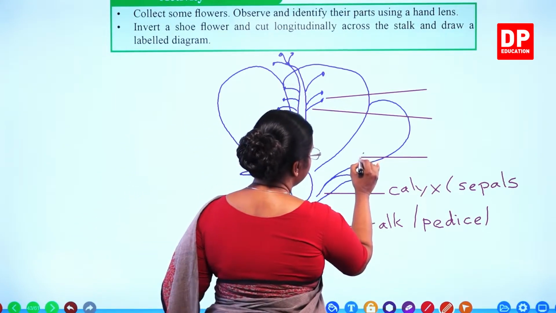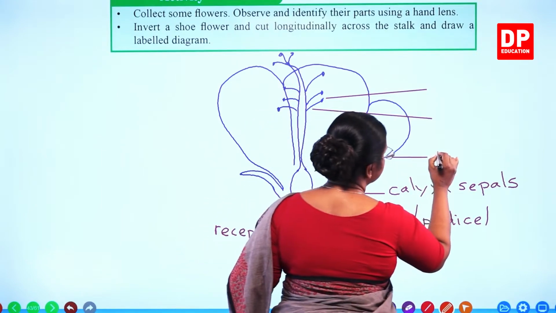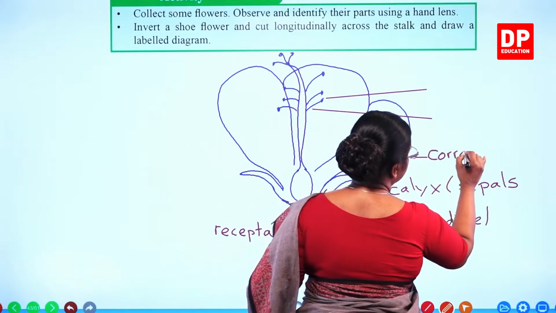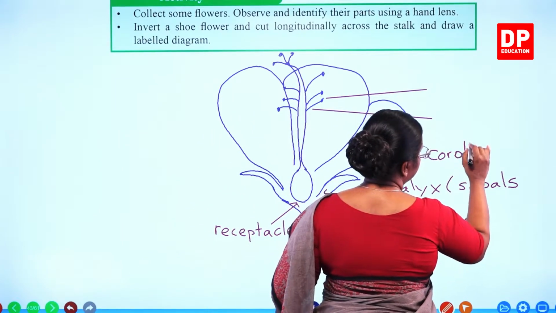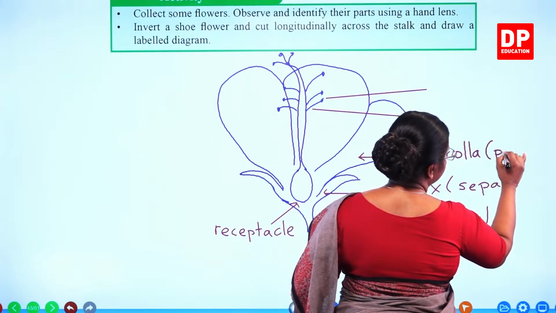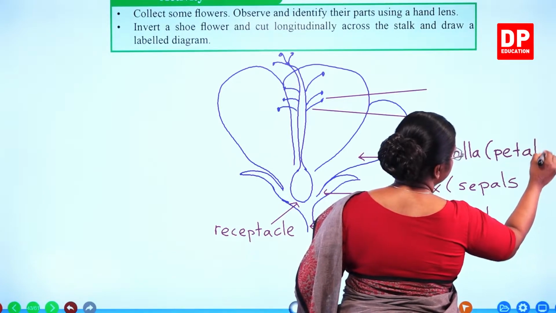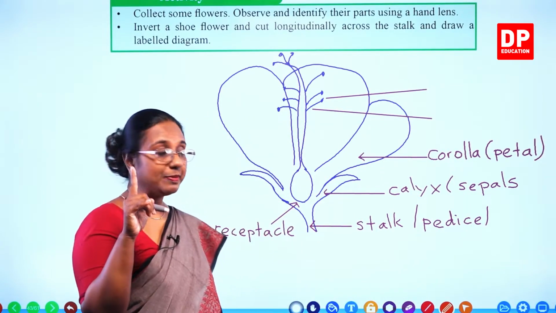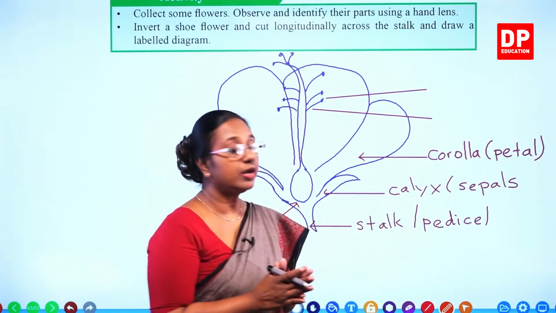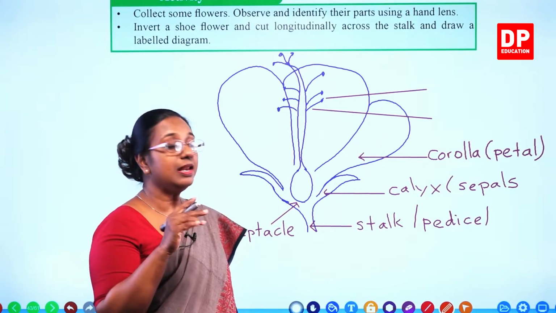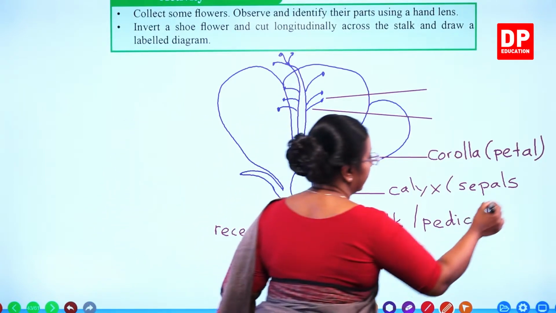Then we have this colorful part, that is the corolla. Corolla of the petals. So you all should know, students, when it is one, it is the petal, a whorl of petals is the corolla. The same goes for calyx. One is the sepal, a whorl of sepals is the calyx.